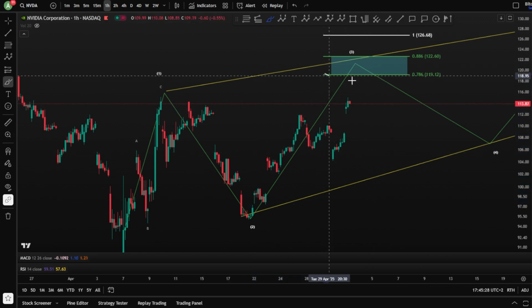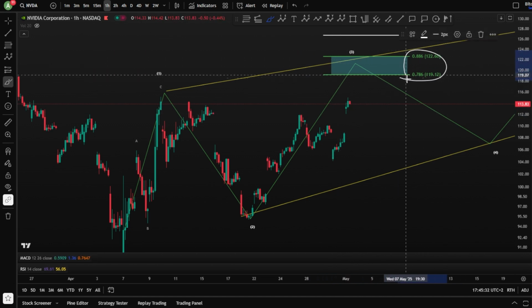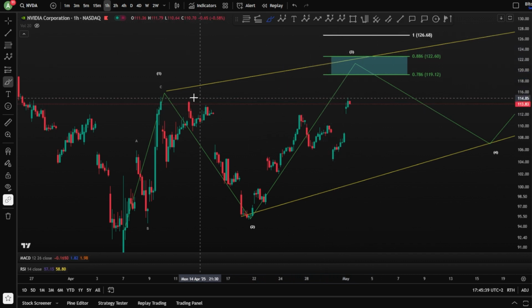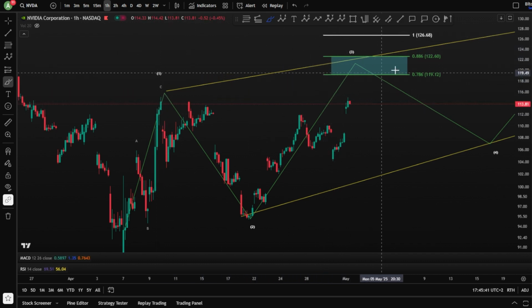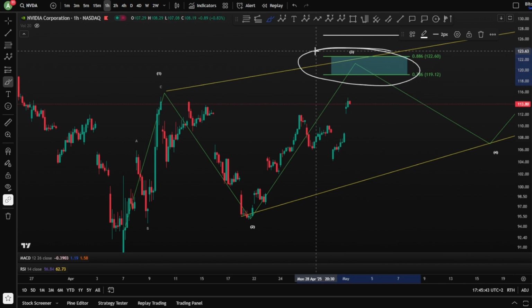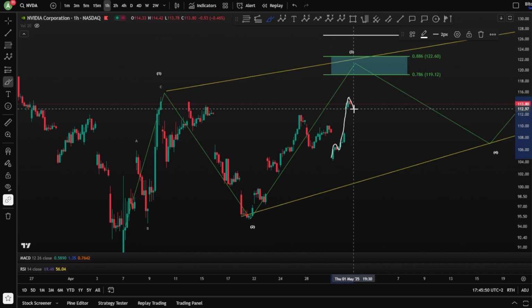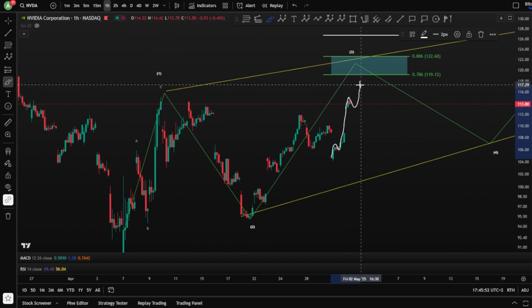Perfect box to hit for this wave 3 in a leading diagonal is the 0.786, 0.86 Fibonacci level for the blue box here. But please remember that it is not always necessary to hit the blue box. As you can see, we have already 1, 2, 3. The wave 3 potentially is done and finished. We are in a wave 4 and we might have a wave 5.